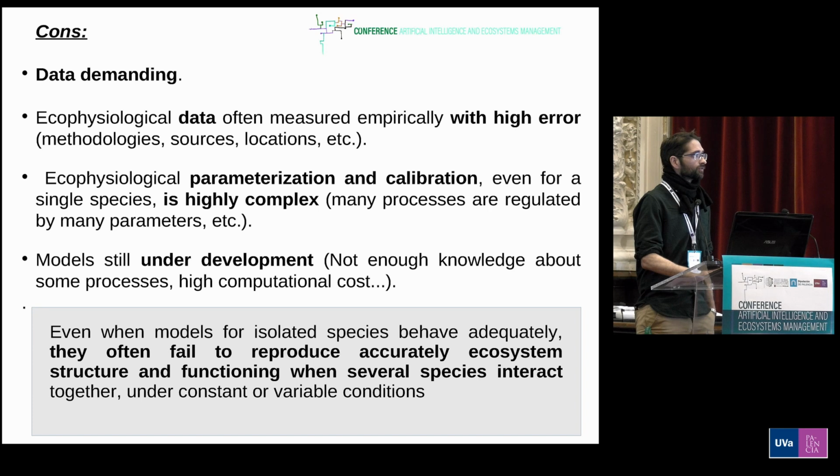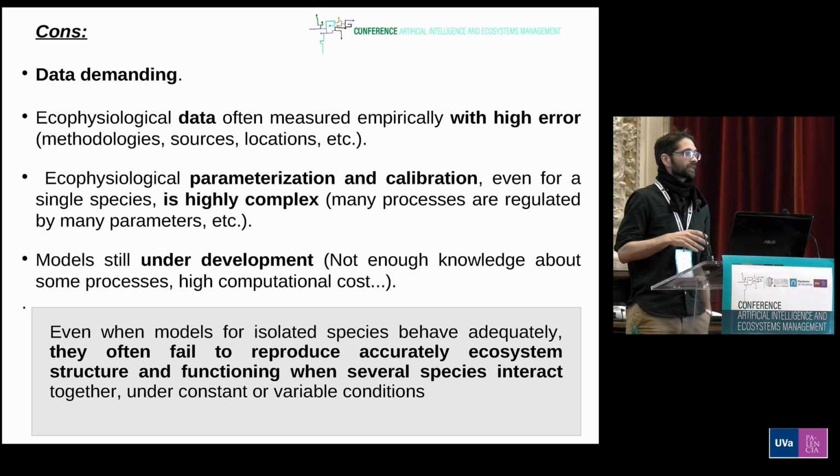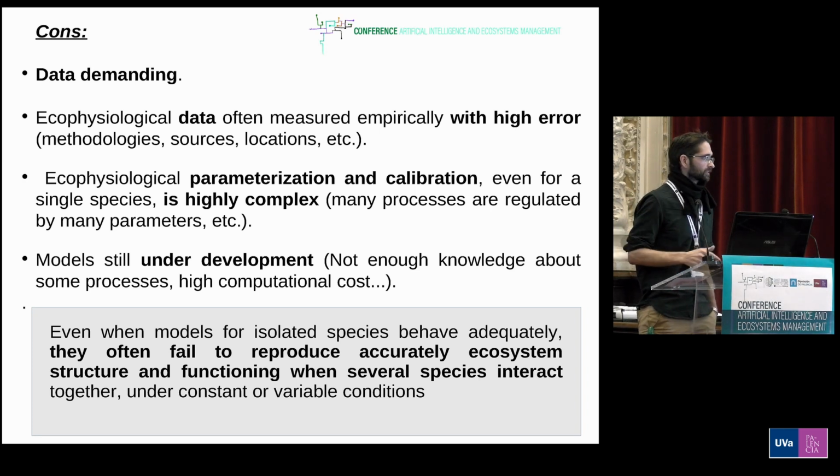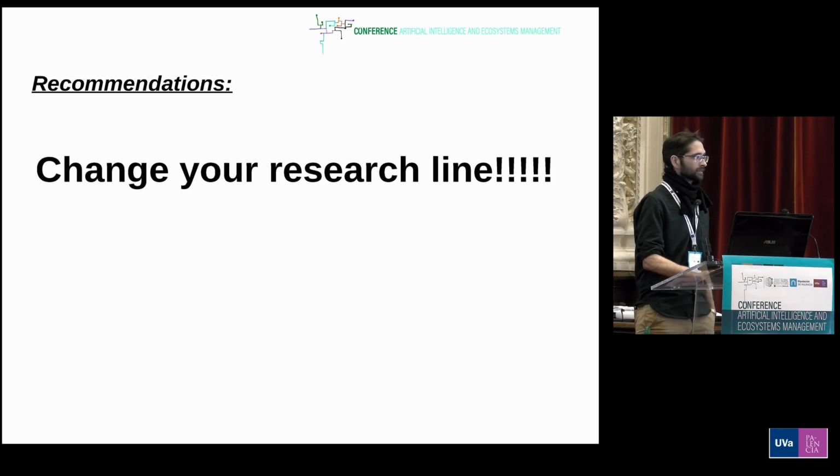You will find that your model probably won't fit, or it works perfectly for a small unit, but at the landscape level it crashes. It's not really working. So from these recommendations, this is the one.